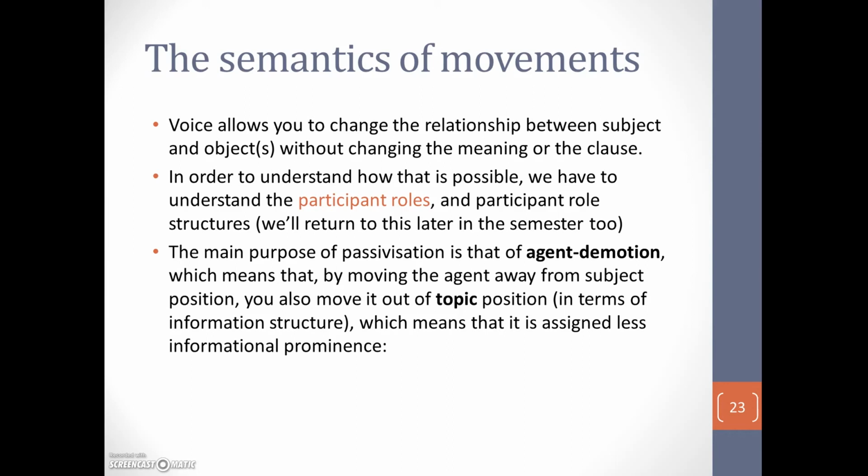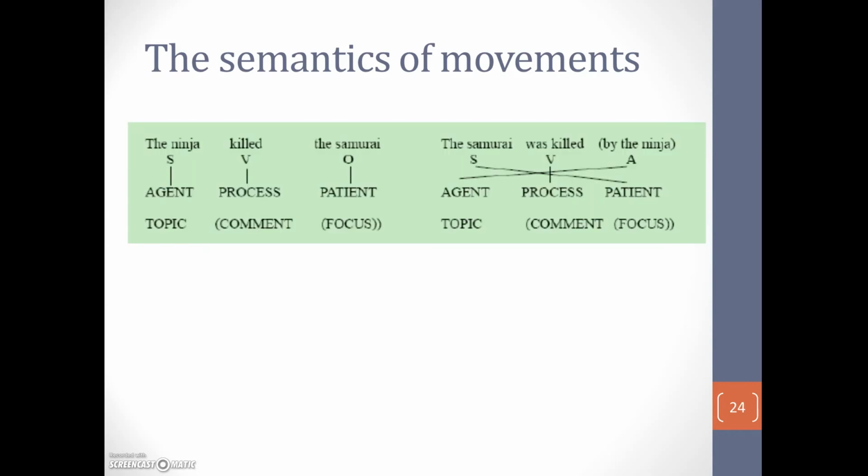So it means that the agent is assigned less informational prominence. It's no longer the most important thing in the sentence. All right, so here we can see that we have the ninja killed the samurai sentence. So on your left you can see it in the active, and on your right we have it in the passive.